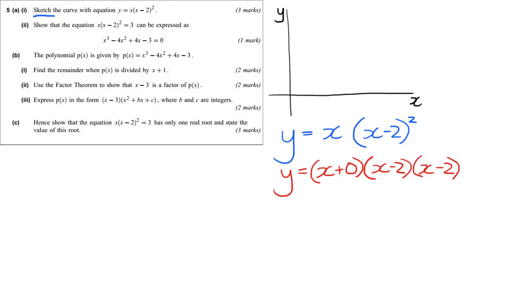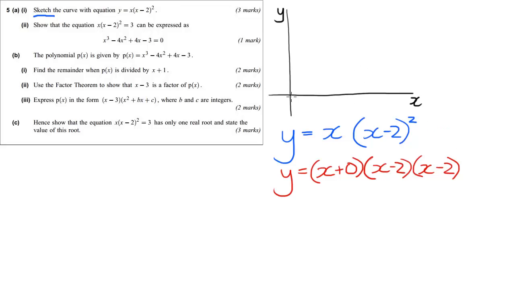So let me see if I can sketch this. I'll use purple to try and sketch this. So we have our 0, and it's worth saying as well that we know for y that it touches 0, firstly because x is 0 here, so it must be, but also because we don't have any constant, like a plus 9, on the end.